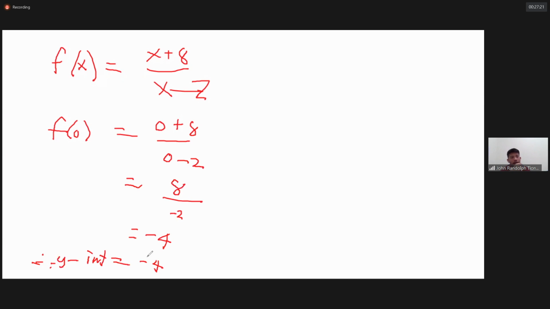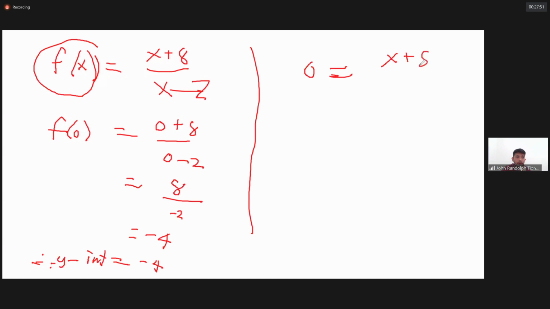Now, how are you going to find your x-intercept? You are going to substitute 0 for y, or yung f of x mo. So ang gagawin mo, itong f of x mo dito, gawin mong 0. 0 equals x plus 8 over x minus 2.